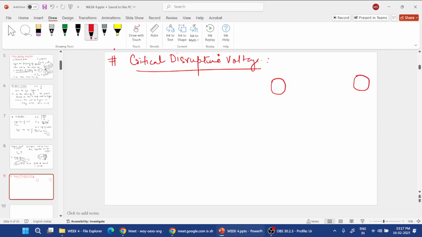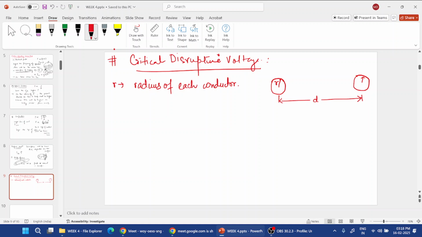And their radius is r. So r is the radius of each conductor. Okay, and d is the distance between them.